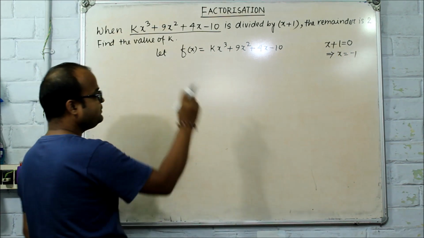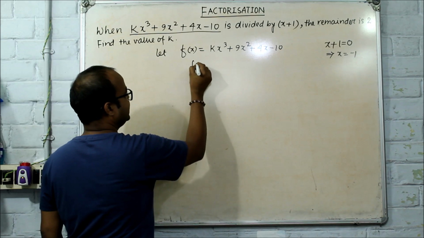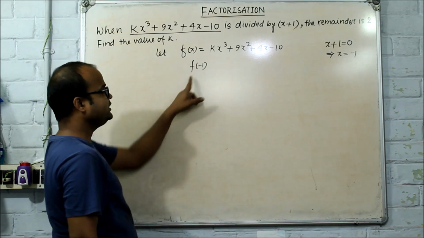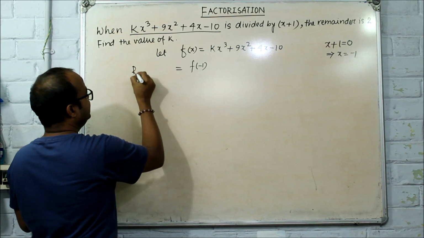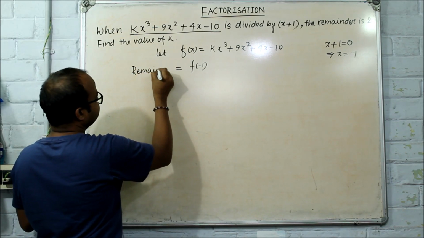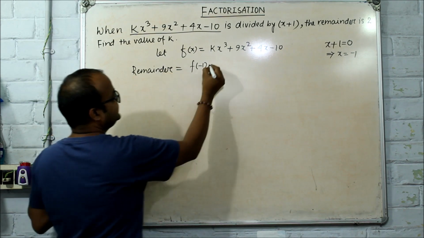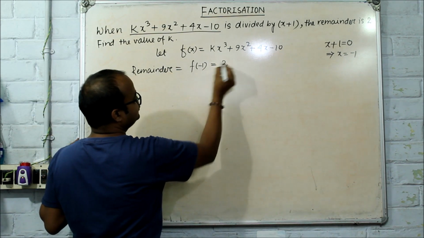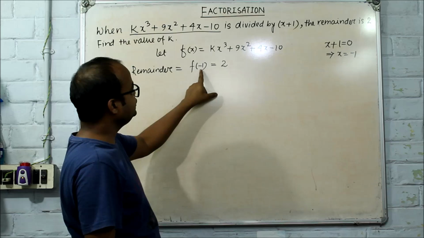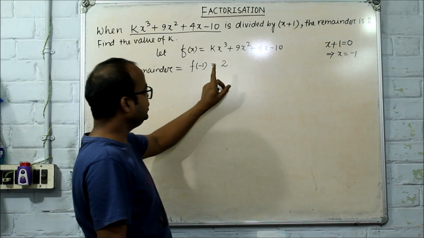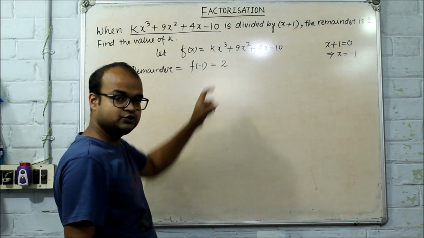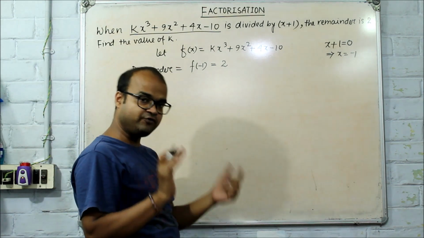So now if you replace x as minus 1, this will give you the remainder. So f(minus 1) will give you the remainder, and remainder is given as 2. So if you substitute x is equal to minus 1 in this polynomial and equate it to 2, we will get an equation of k.